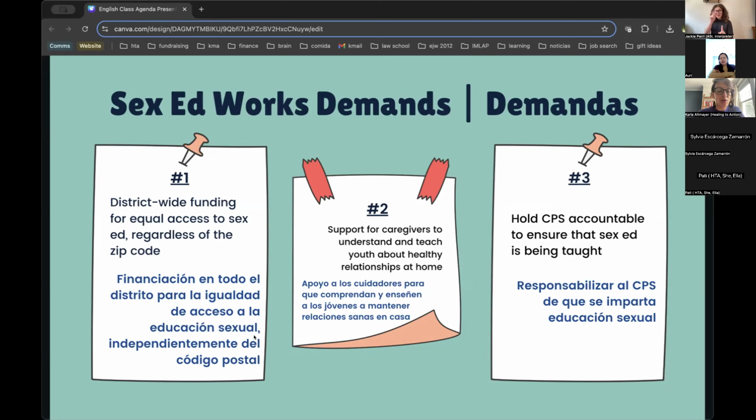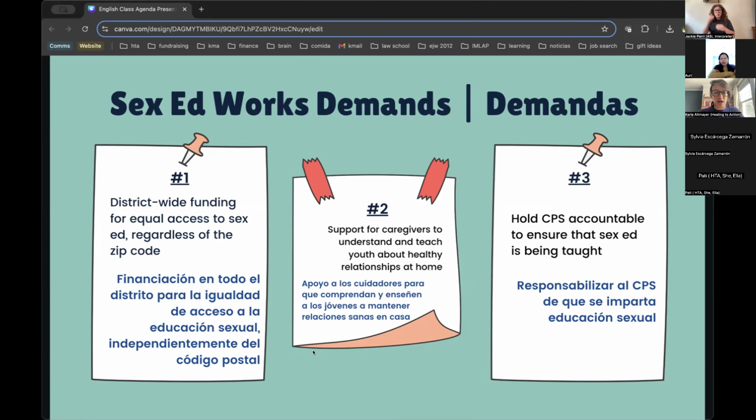And so our goal is to really build the power of local school councils and of caregivers directly in the community so that caregivers can advocate with their local school councils, with their principals, and with the district to provide resources for caregivers and be supportive allies.